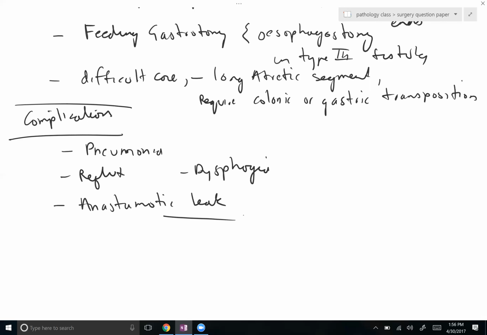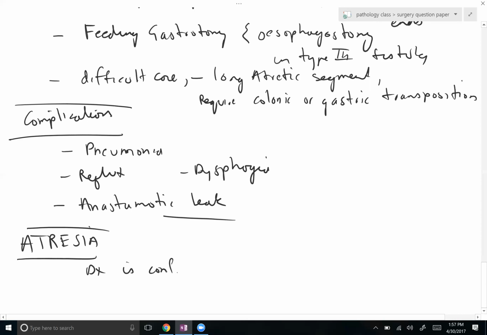Now coming back to the topic of atresia. How is the diagnosis confirmed, whether there is an abnormal connection or a blind pouch?